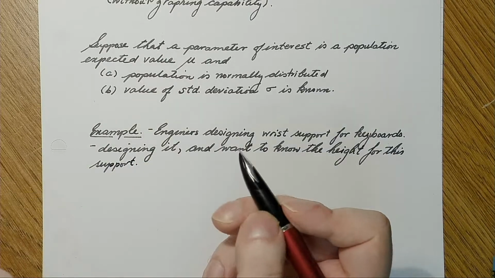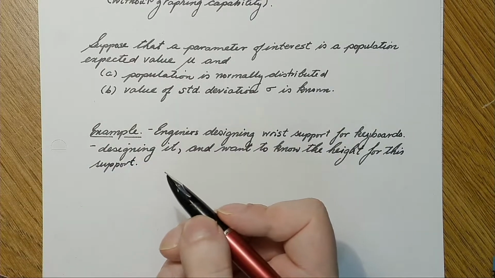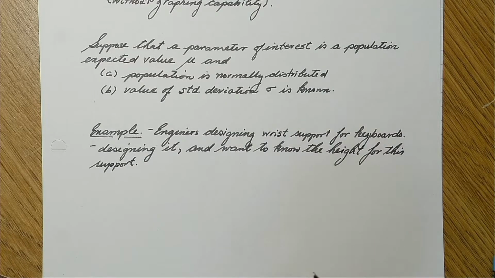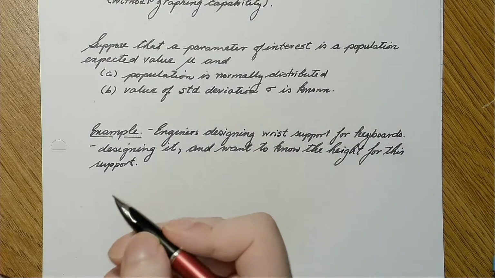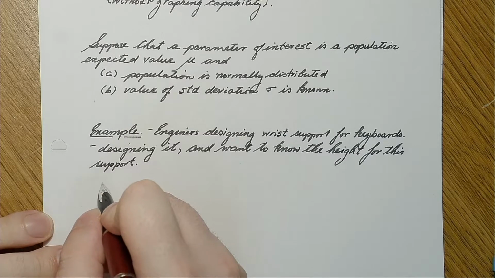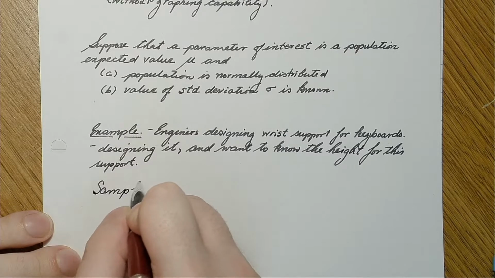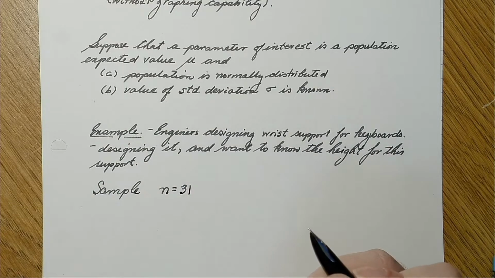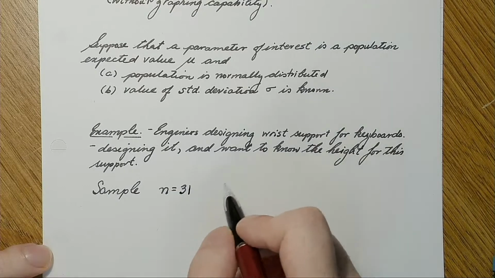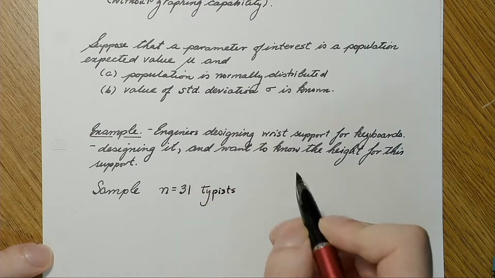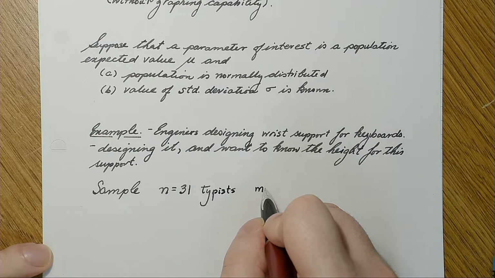Okay. And again, not everyone is going to be the same. Everyone is going to be slightly different, but what they would like is to have some sort of average. So they went out and did a sample. They did a sample of, say, 31 typists, and they measured their height of the wrist support.